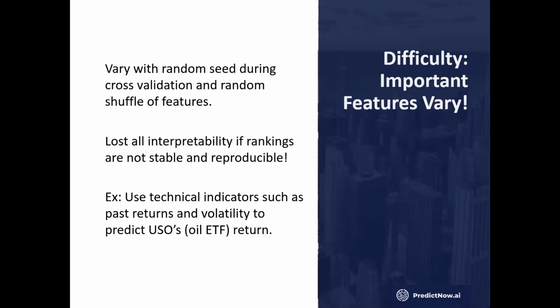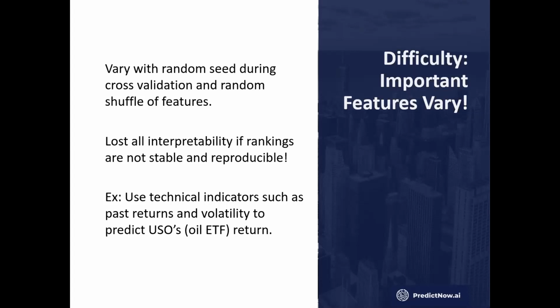Or the commodity futures returns is what determines it. But unfortunately, every time we run it on a different computer using a different random seed, we get different rankings. That is a severe problem because it removes any confidence in this ranking, and it removes any intuition or interpretability of this feature importance ranking, right?